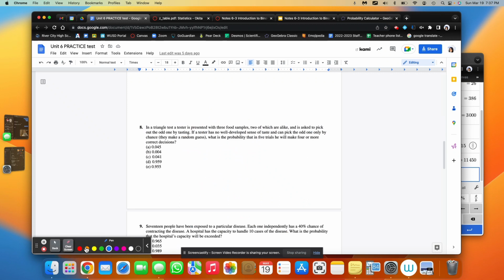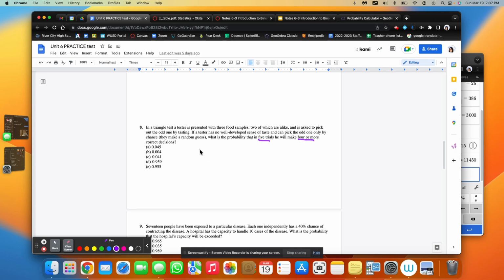All right, the next problem is again a binomial probability problem because it doesn't say anything about expected value. It says a triangle test taster is presented 3 food samples, 2 of which are alike, and is asked to pick out the odd one by tasting. If the taster has no well-developed sense of taste and can pick an odd one out only by guessing, what's the probability that in 5 trials he will make 4 or more correct decisions?